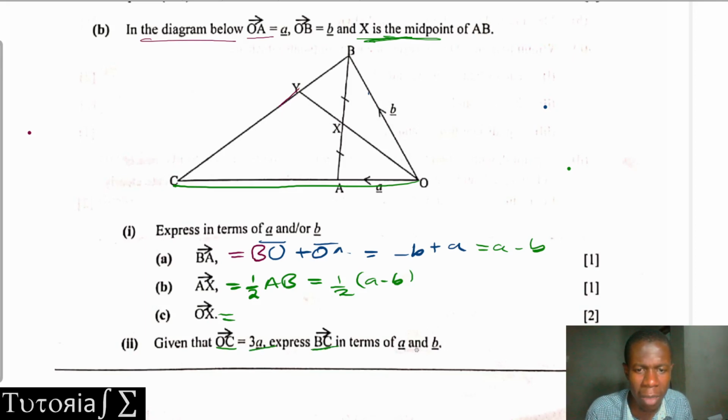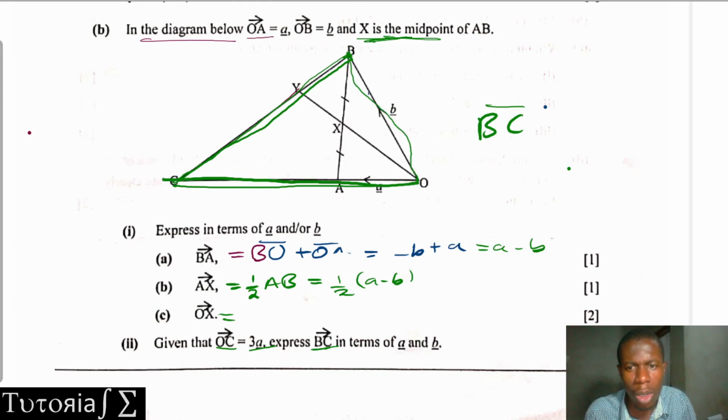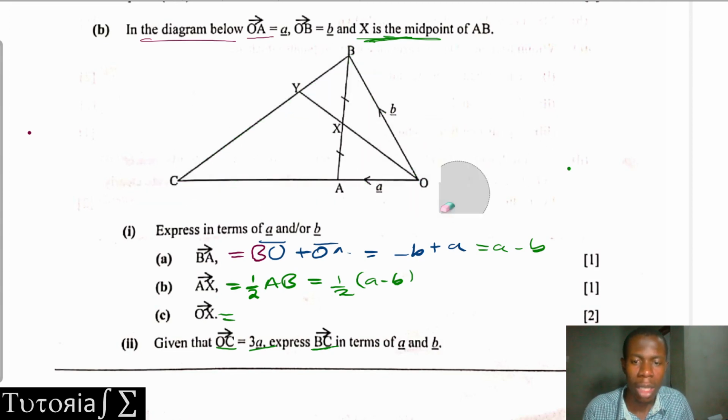Express BC in terms of A. So you're basically asked to find BC, which is this right here. You need to move from B, maybe from B going to O, then O going to C, like that. So you work out the two that I've left out plus another question that I'll put up.